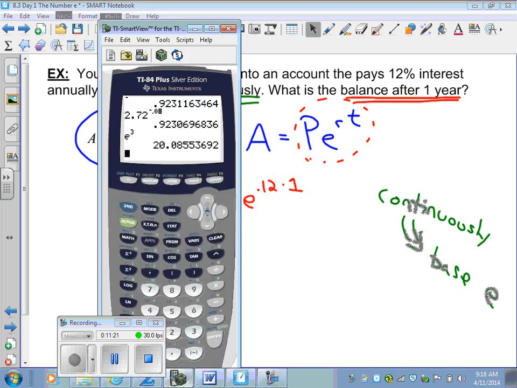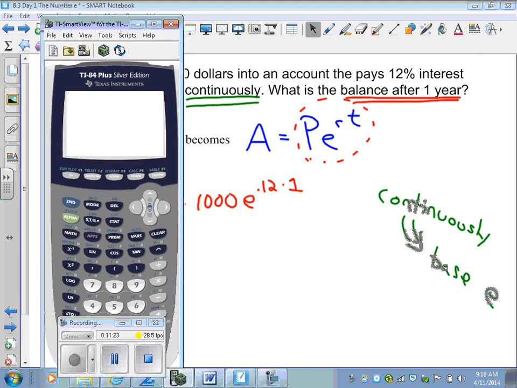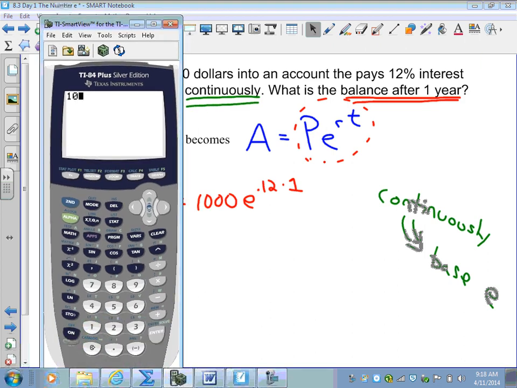So I have 1,000. Again, I need that number e, so I'm going to do second, and then this LN button. We're going to see what that LN means in the next section, actually. And then this is to the 0.12 times 1, which I really don't need to do, so I'll just hit enter. And I get just over $1,100, $1,127.50, I'll call it.